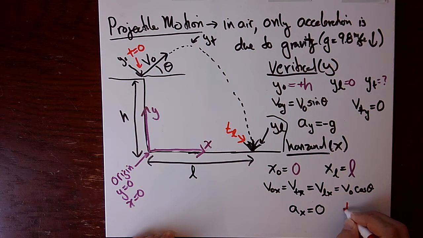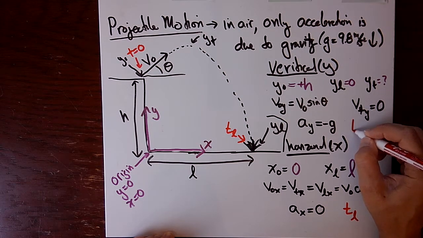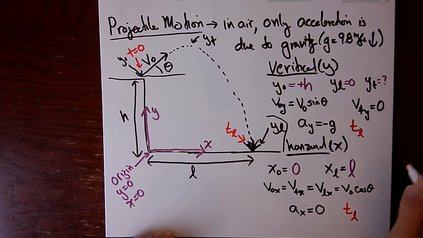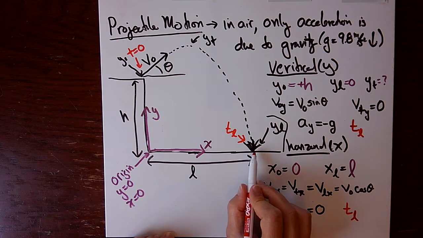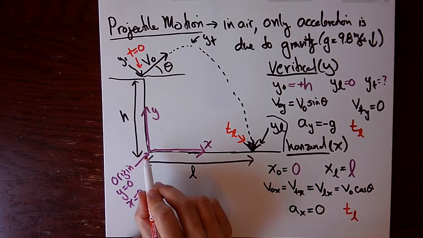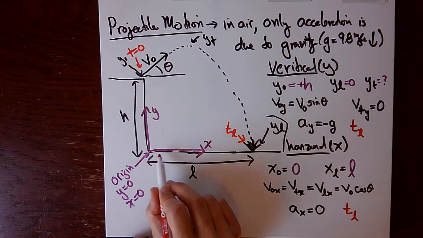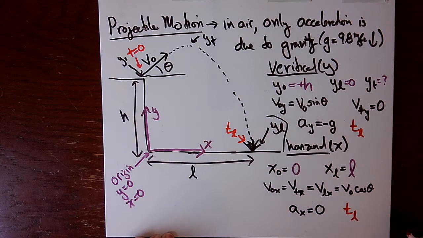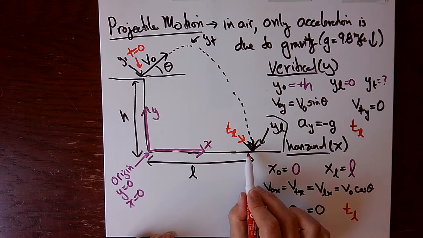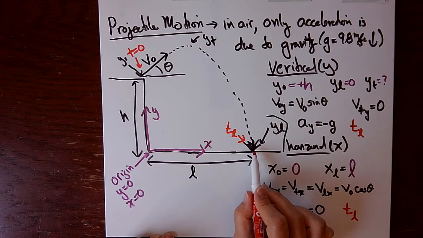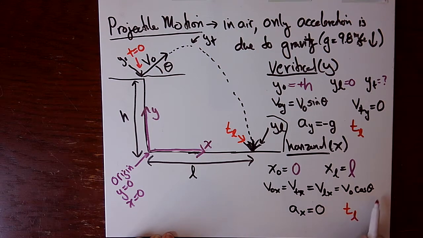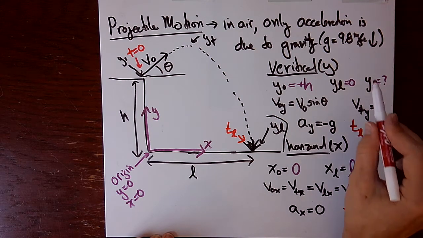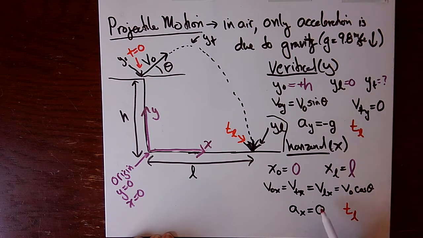So the landing time is whatever it is in x, but of course it's got to be the same thing in y, because when you arrive at the landing spot, you have to get there in y, up and down, and x at the same time. So say we want to figure out what's going on at this landing spot, we can solve for time in x, and then use it in y. So let's set up the equation we might use to do that.